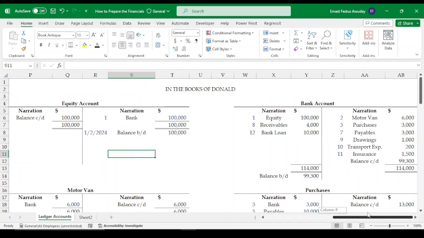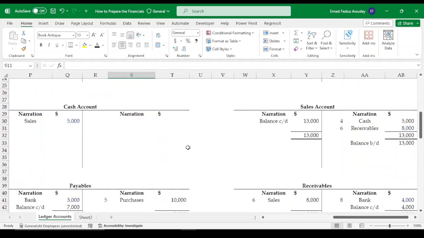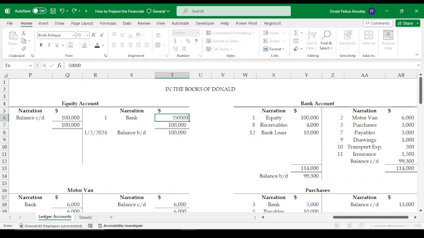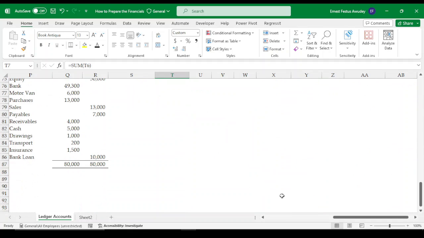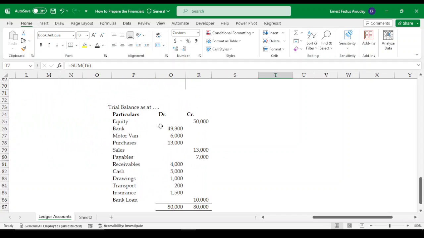So whenever I want to change anything here, I'll change the blue figures, and then everything changes dynamically. Let me just send my figure back to the original 50,000, and it changes back to the 50,000 as reviewed by the trial balance here.